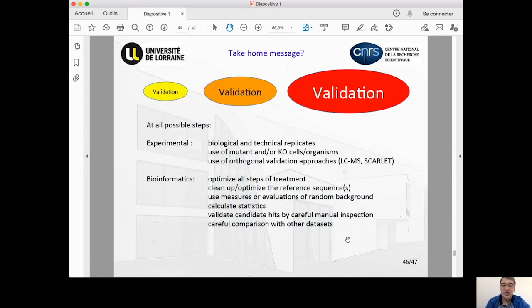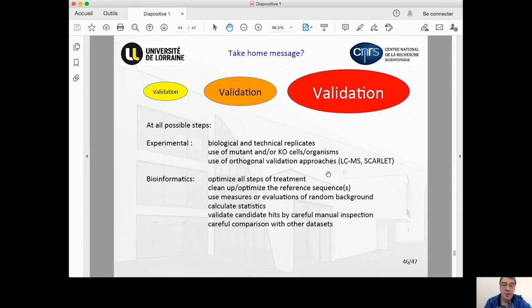So what is the take-home message for this part? Of course, we need validation of all experimentally obtained datasets, and how to proceed for this validation? It is a very good idea to use biological and technical replicates, or complement the study by using mutants, knockouts, or organisms, or eventually, if possible, to use orthogonal validation approaches like LC-MS or the method called SCARLET, which is based on selective labeling of RNA.